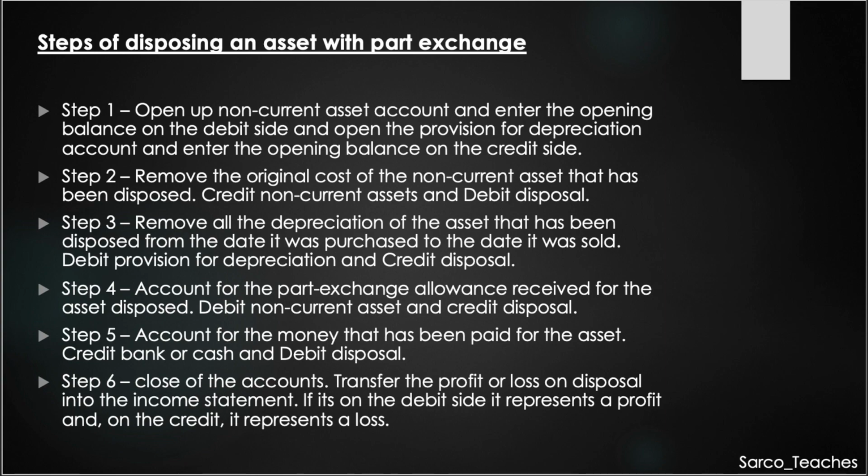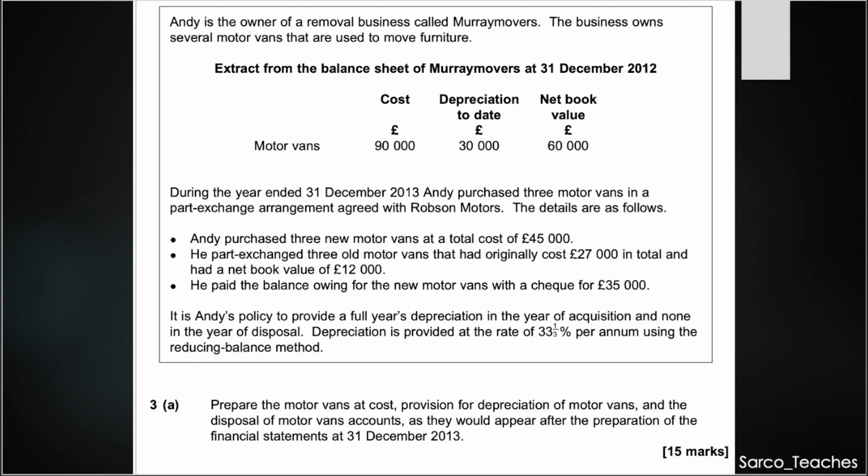Remove the original cost of the non-current asset that has been disposed, credit the non-current asset account, and debit the disposal account. So we go back to our question, and the second line says he part exchanged 3 old motor vans that originally cost 27,000 in total and had a net book value of 12,000.